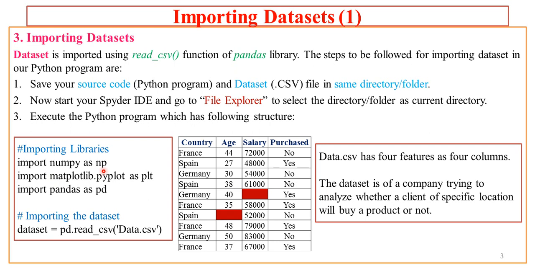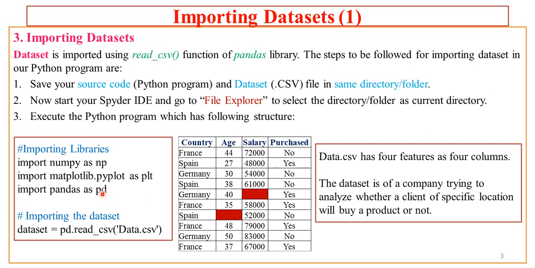So import numpy as np, I'll be using the alias of numpy as np, and then I import one more library, matplotlib.pyplot as plt, and then I import pandas as pd. So I'll be referring to the pandas library as pd, that is the abbreviation.